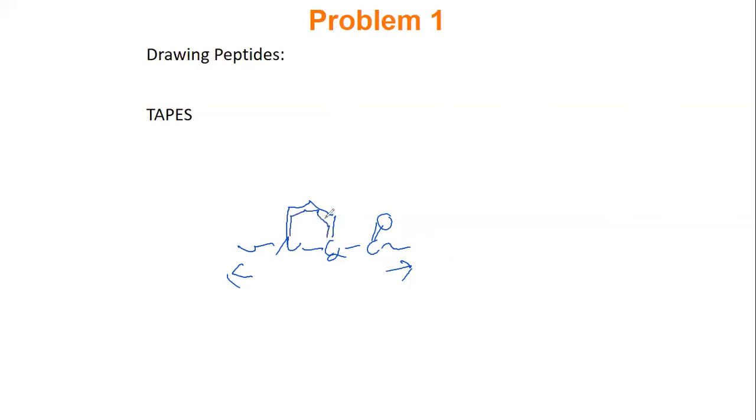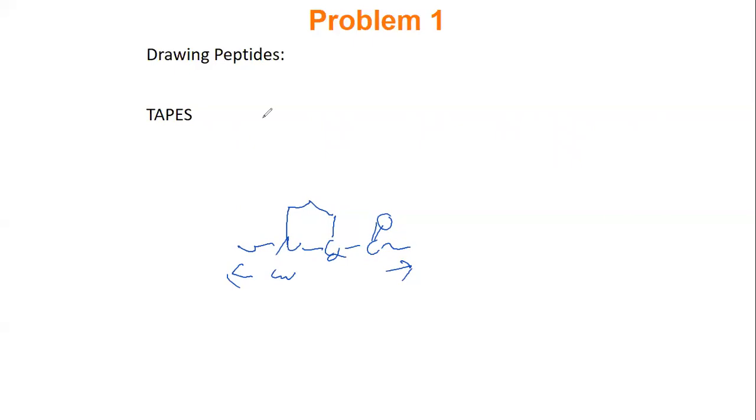So that's not double bonds. Proline's side chain will bind back on its own nitrogen. So there is no hydrogen for proline. Proline is the only amino acid that has a different backbone because it binds on itself. And the only difference is there's no hydrogen on the amine group. There's no hydrogen on the nitrogen of the backbone. Proline is our one exception to the backbone always looking the same.